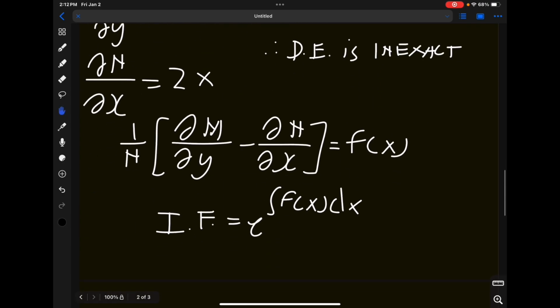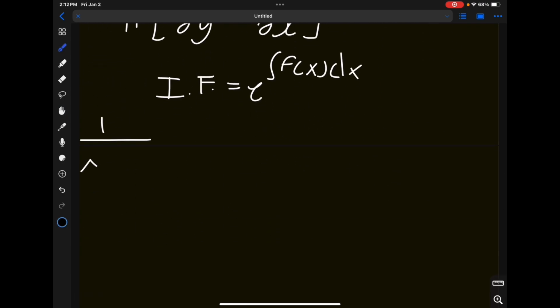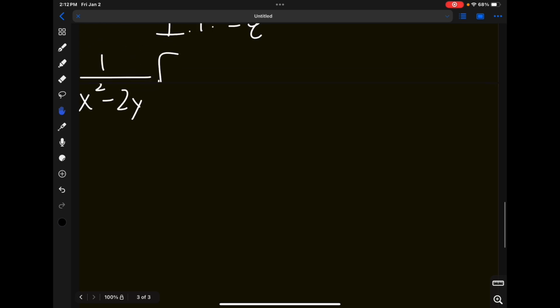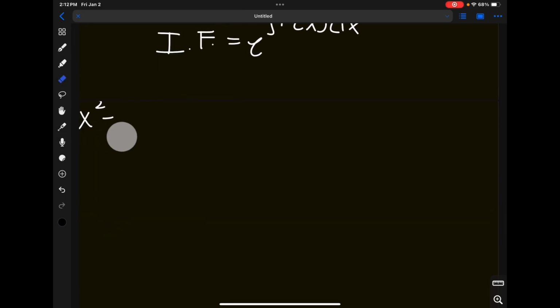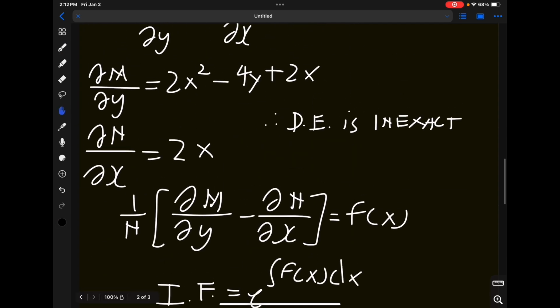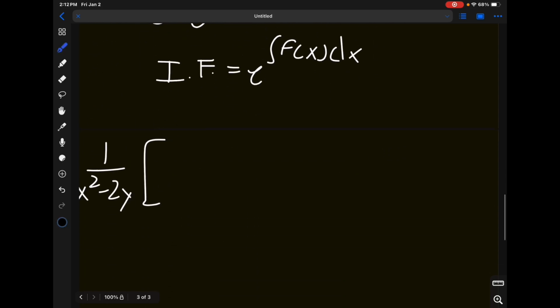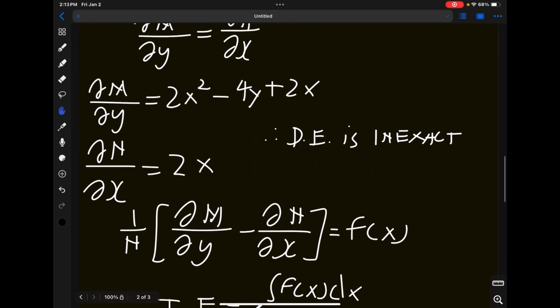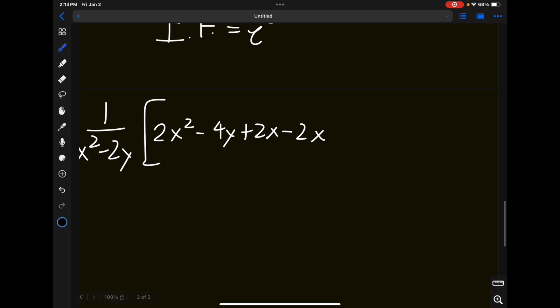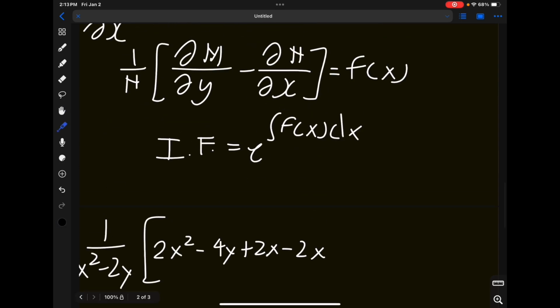So 1 over x squared minus 2y multiplied by our partial derivative of M, which is 2x squared minus 4y plus 2x, and our partial derivative of N is 2x minus 2x, since this is the formula.